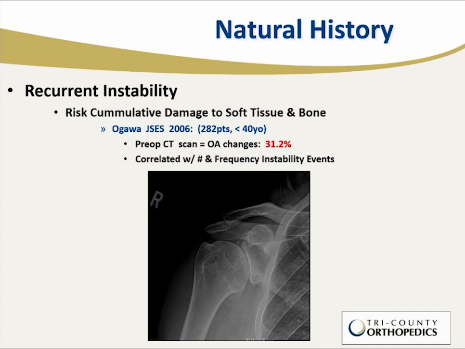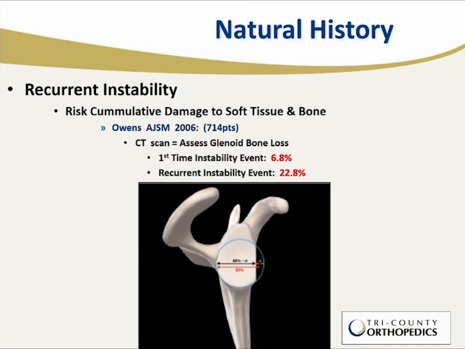What they found is that 31.2% of these patients had radiographic osteoarthritic changes on CT. And the ones that had the changes correlated directly with the number and frequency of instability events. So this is further information to support that recurrent instability is not benign.